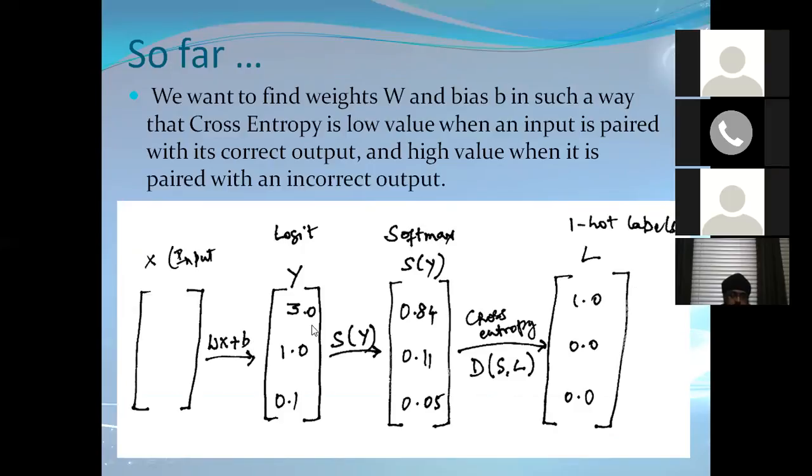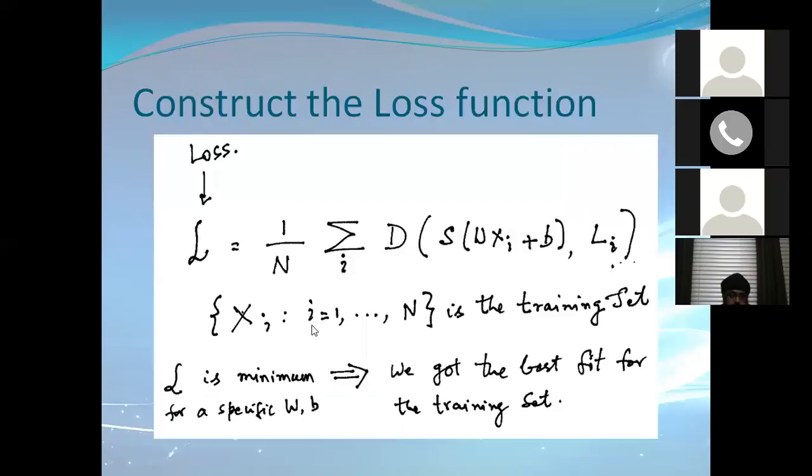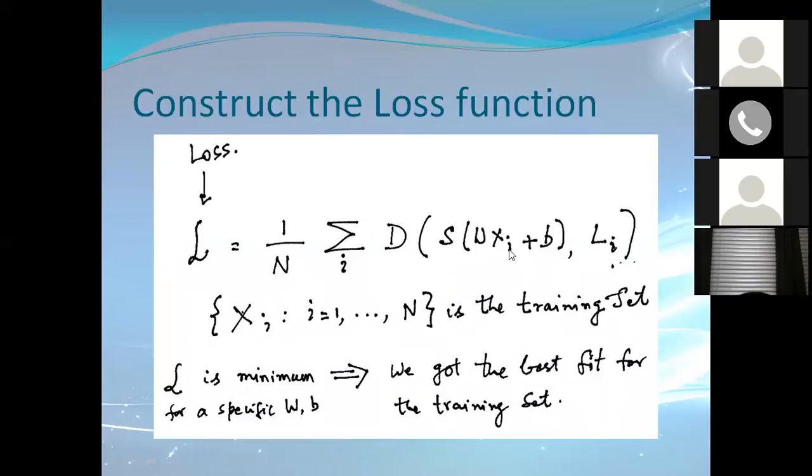So for that, you need to define something more. We define what's known as a loss function, where you look at the cross entropies. S is basically the softmax on WXi plus B. The subscript i is the ith element in your training set, and i runs from 1 to n, assuming that you have n examples in your training set.